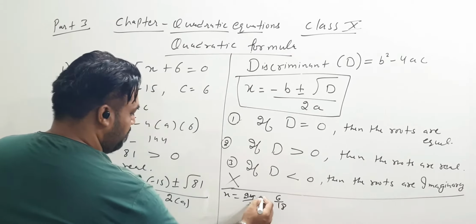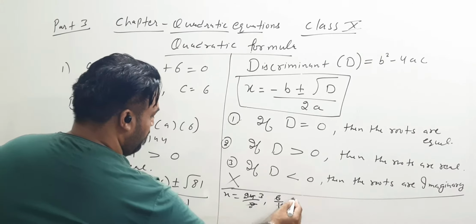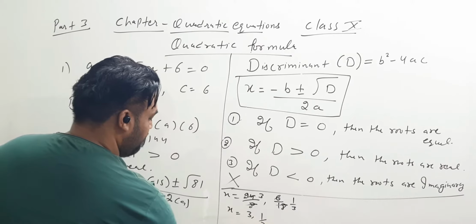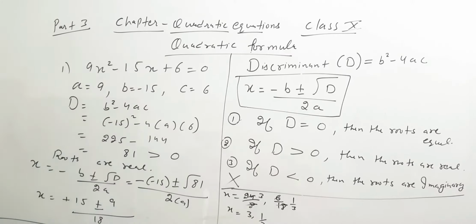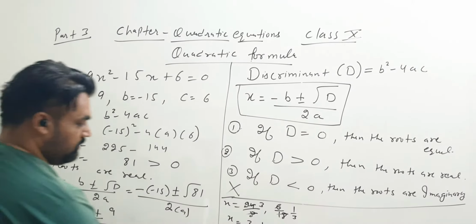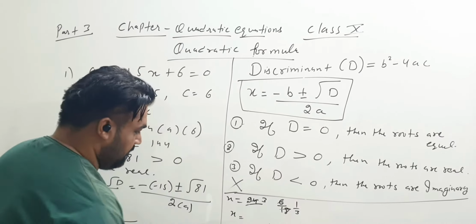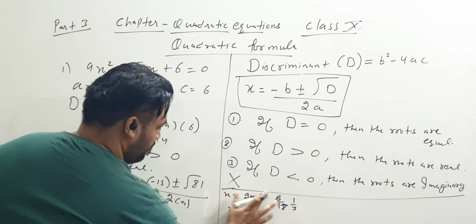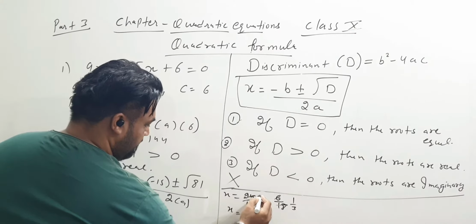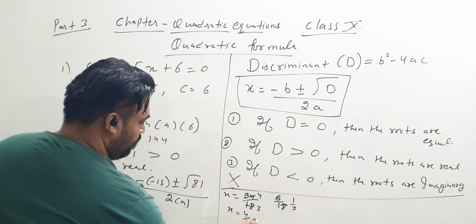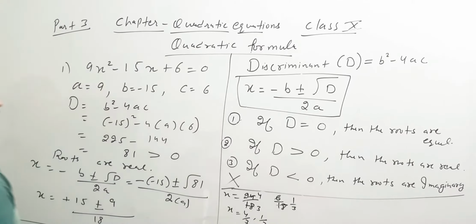So one value is 4 by 3, the other value is 1 by 3. Sorry, here it is 18. So this cuts by 6 and that cuts by 6. So the roots are 4/3 and 1/3.